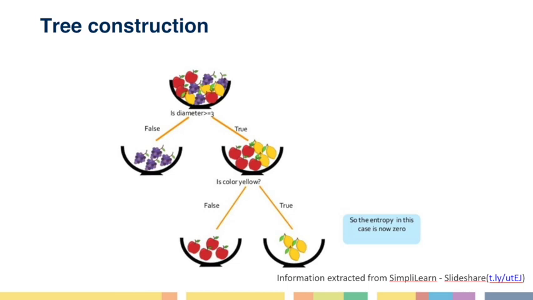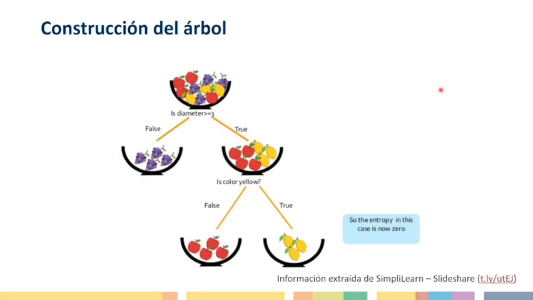And here we can see how the tree construction occurs in a very simple way. In this case, we have a set of fruits that we'd like to classify. We would like to create a model so that if we have a new fruit, we'd be able to define if it's an apple, a grape, or a lemon. So in a database, we would have associated the variables of those fruits.